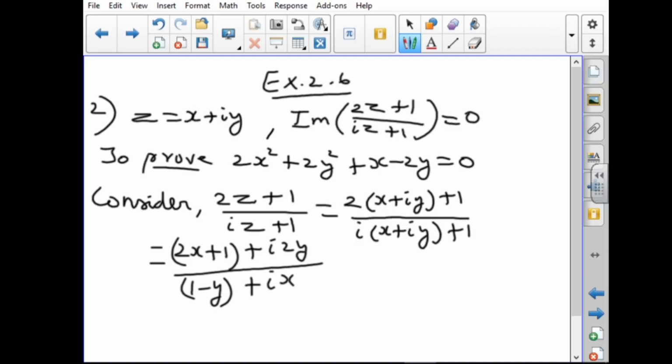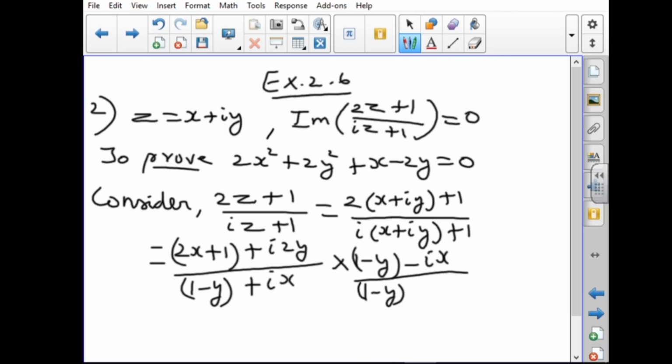So now to bring it to the standard form, again we have to multiply by the conjugate of the denominator. The conjugate of the denominator is 1 minus y minus ix. So we multiply both the numerator and denominator with that.